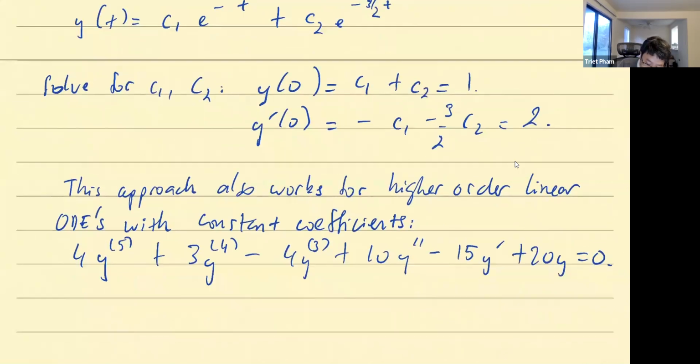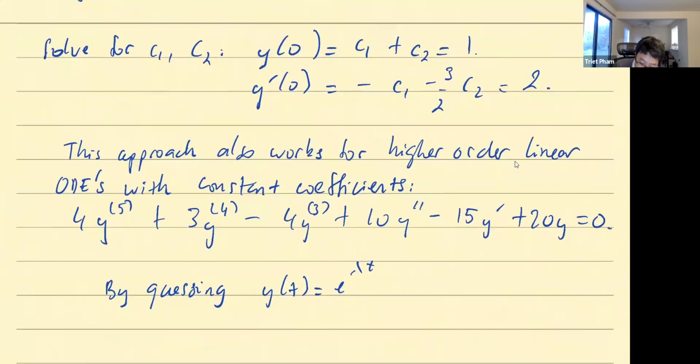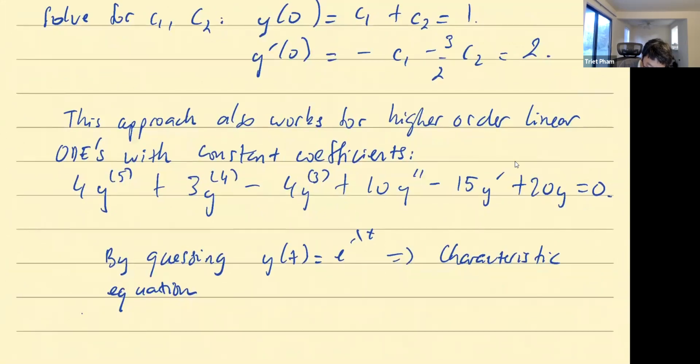Then exactly the same way, by guessing y of t to be e to the lambda t, you can go to the characteristic equation that says lambda to the fifth plus 3 lambda to the fourth minus 4 lambda cubed plus 10 lambda squared minus 15 lambda plus 20 is equal to 0.